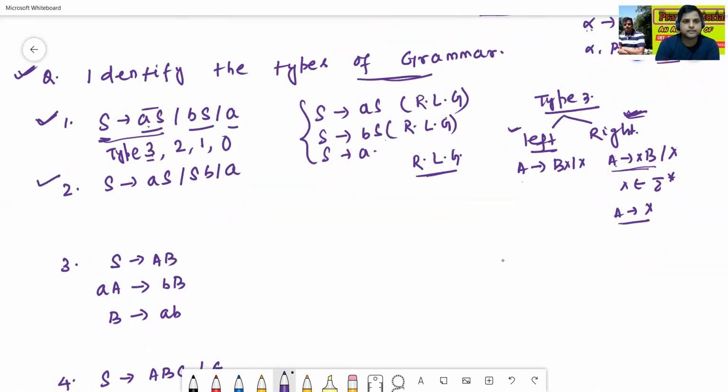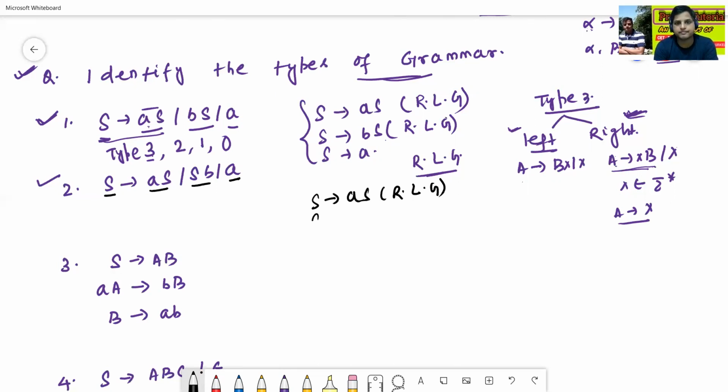The second question: A to S, AS to SB, A. A to S means it is right linear grammar because it satisfies A to xB.